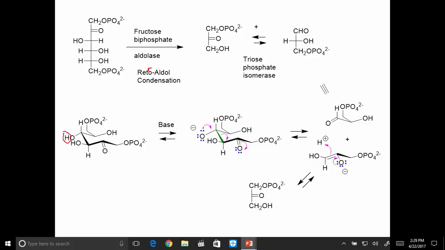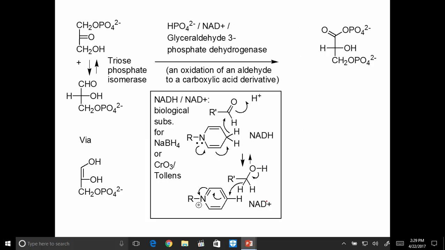Okay, this anion, the arrows I have in magenta signify a retro-aldol condensation, and they produce the 2 pieces that we saw before, the glyceraldehyde piece and this piece right here, the enolate, which is going to get protonated to become the dihydroxyacetone piece. Okay, now we've cut glucose in half.